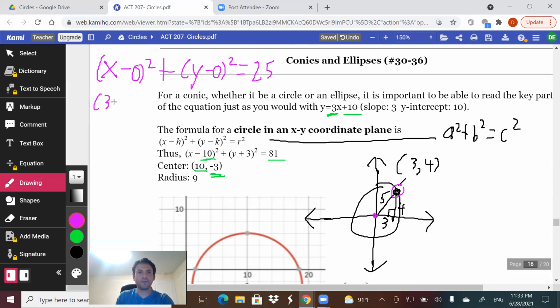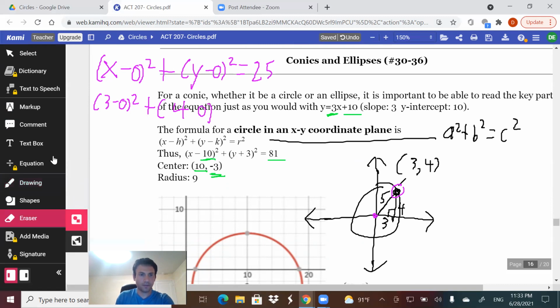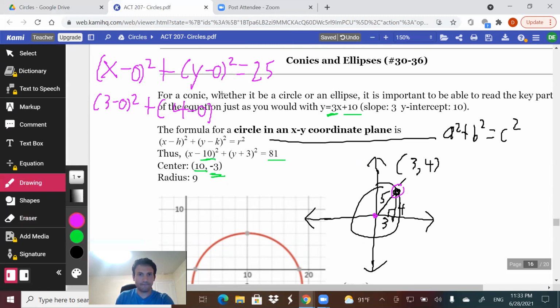So if I put in 3 for x and 4 for y, and I'm sorry if this is a little hard to see. All I'm getting is 3 squared plus 4 squared equals 5 squared. So it does balance. Essentially, this equation comes from Pythagorean theorem.